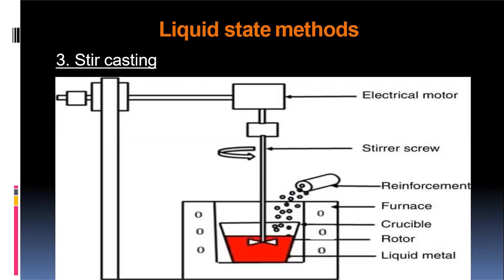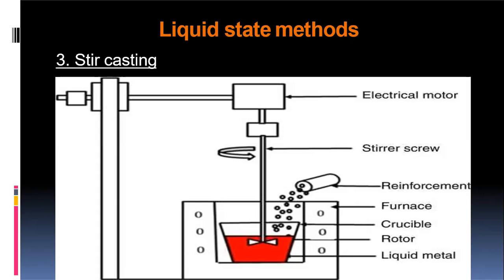Next, third one is the stir casting method. The stir casting method is very highly used in research and in industrial areas also. So there is a furnace, and we put a crucible and some solid pieces in the crucible in the furnace. The crucible is directly placed in the furnace and we use it to liquefy the metal by raising the temperature in the furnace.